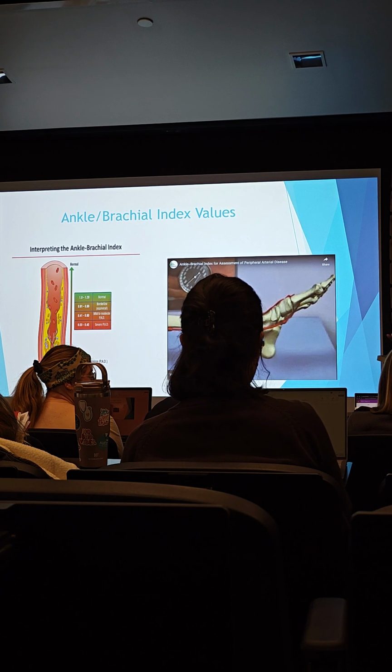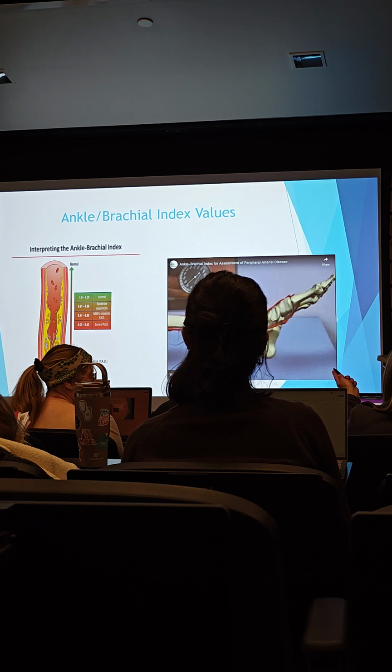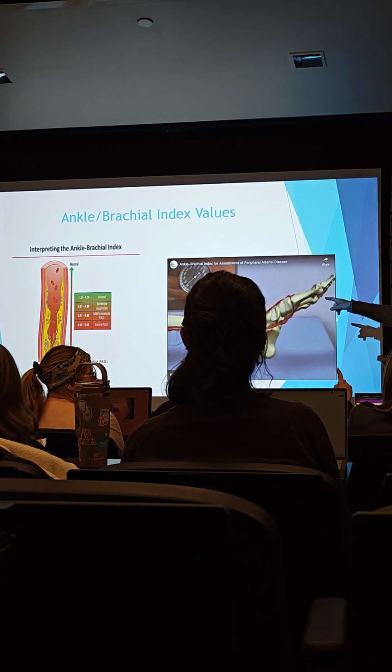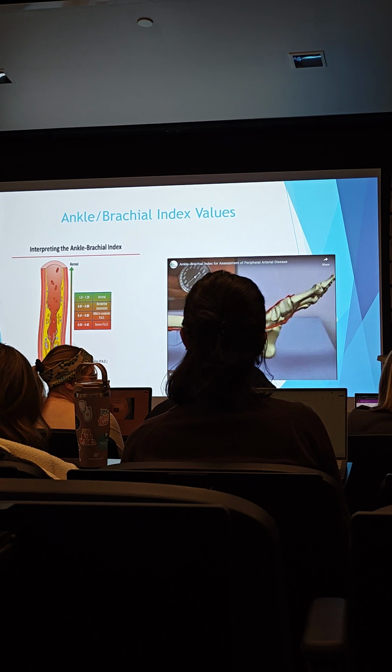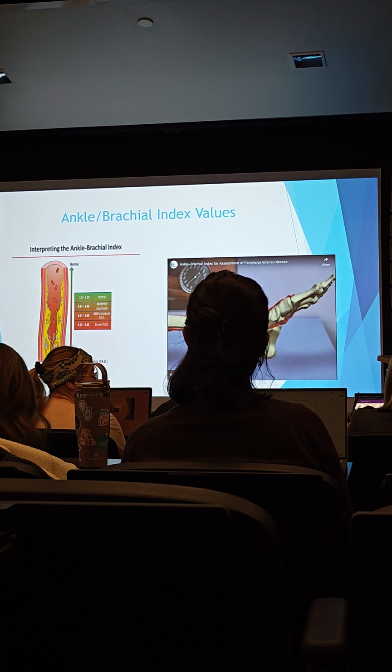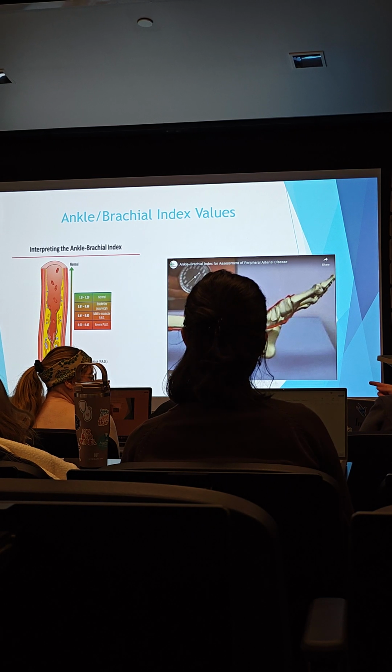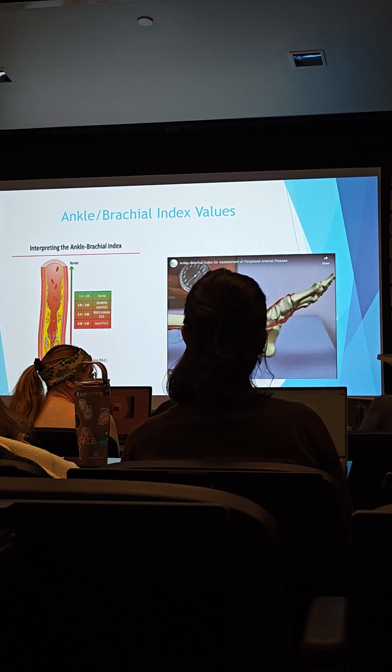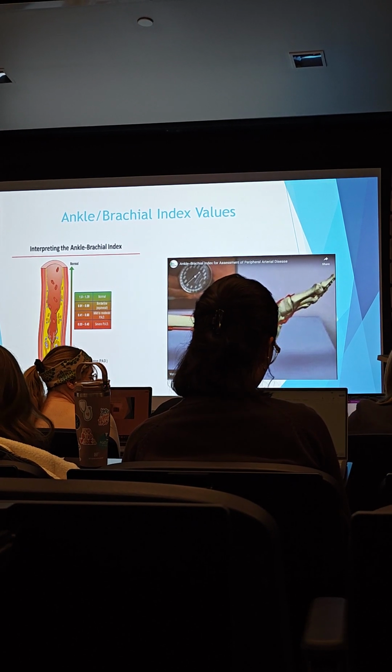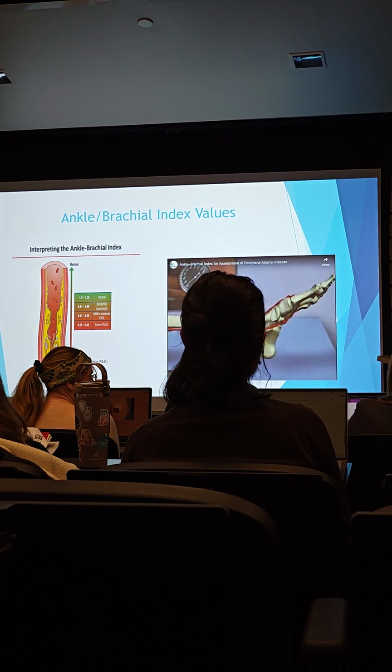I don't think those values on there are right, because I just looked in the book, and I think normal is usually 1.0 to 1.4. It might be an old chart. I didn't recheck that.